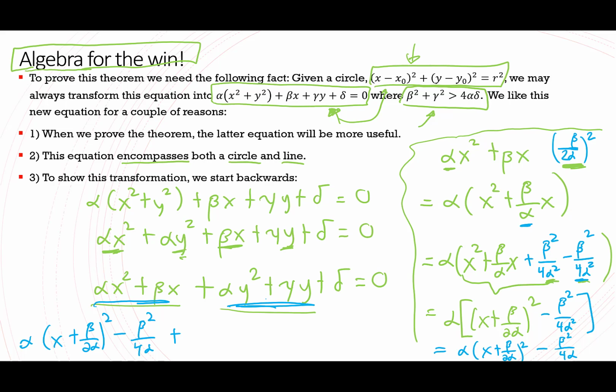So go ahead and pause if you want to. But what you should get is alpha times y plus gamma over 2 alpha, squared, minus gamma squared over 4 alpha, plus delta.